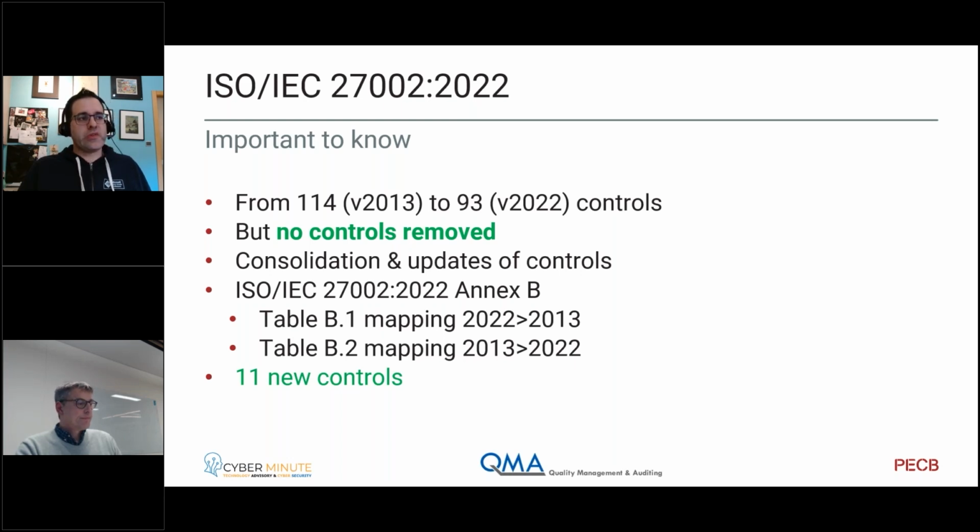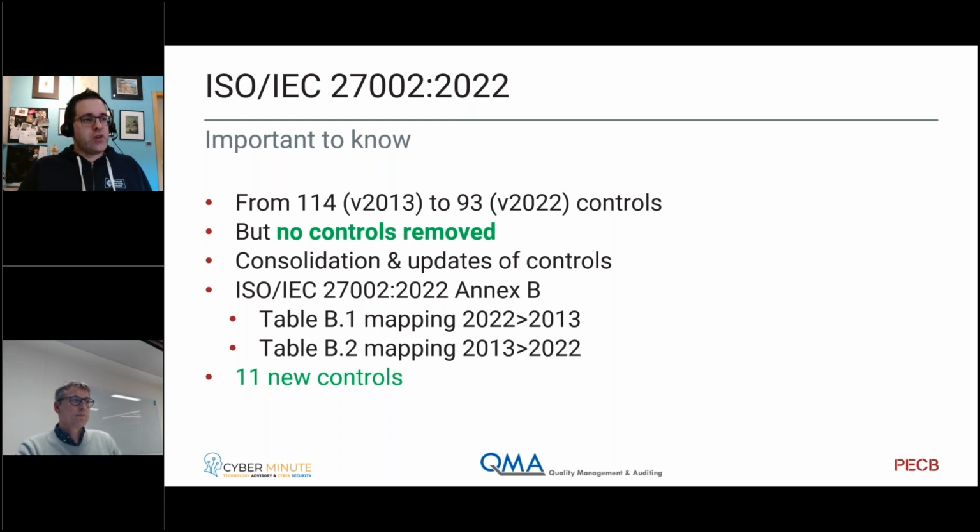What rather happened is that they combined a few of these controls, and multiple controls rather, into a single simplified item. So we ended up with actually 93 right now, and you will also notice that the third level of detail that has been available in the old standard 2013 version is gone.